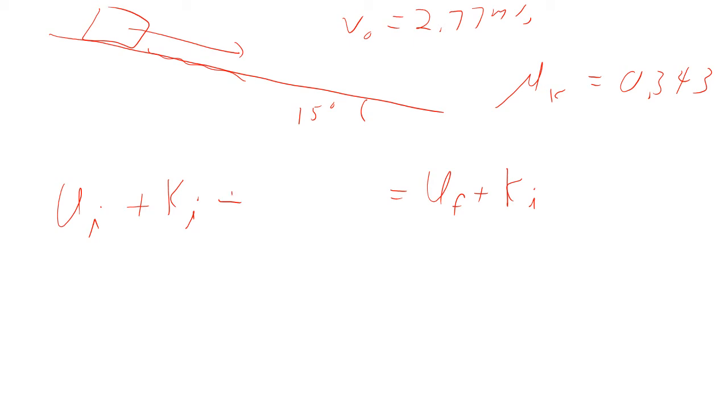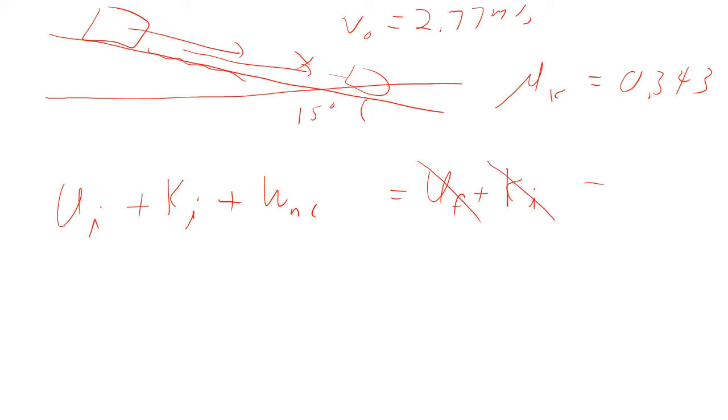We still have the non-conservative work because there's still friction in there. It stops down here somewhere after it's gone some distance x. If I put my zero of potential right there, that means the final potential energy is zero. Final kinetic energy is zero.